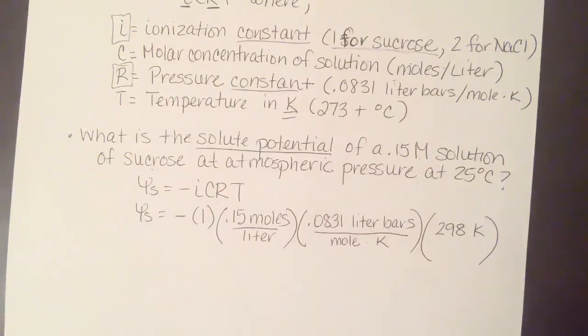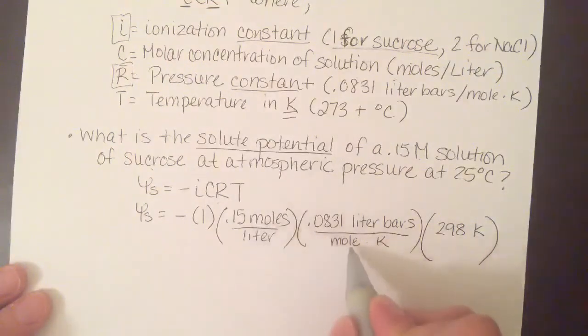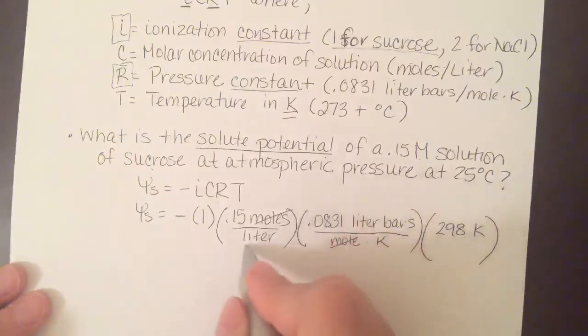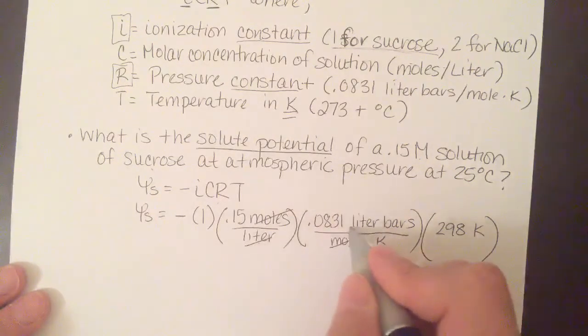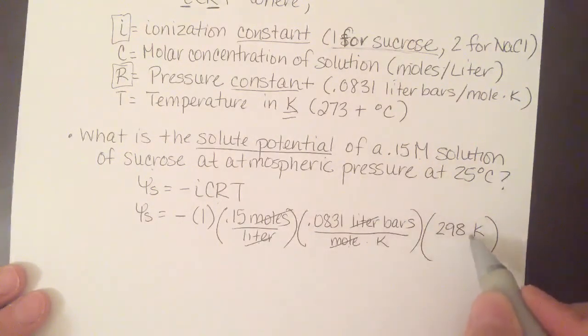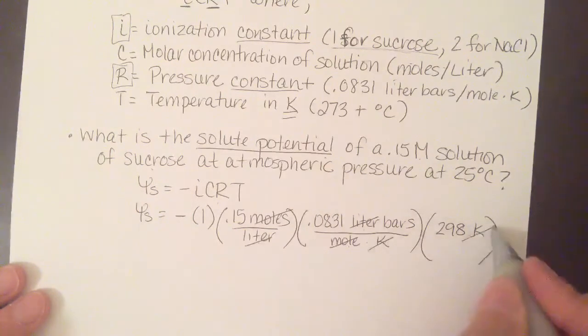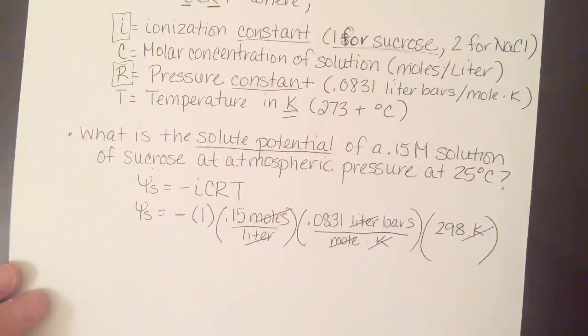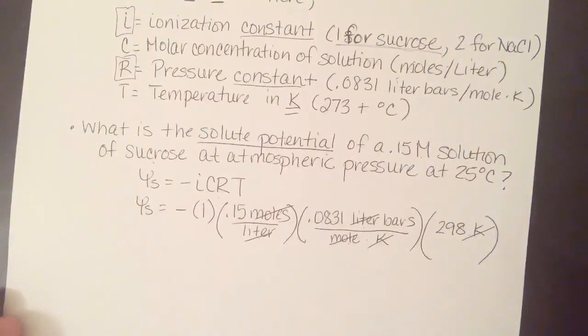Then let's do some dimensional analysis by crossing out our units. Notice here we have mole, mole, liter, liter, Kelvin, Kelvin. So what is going to be my unit for the solute potential?